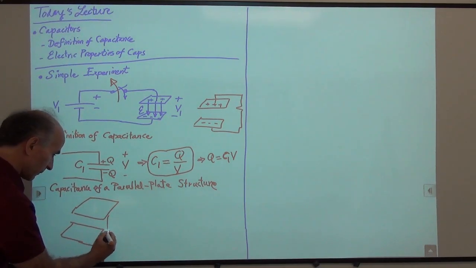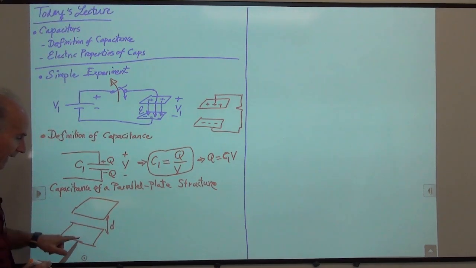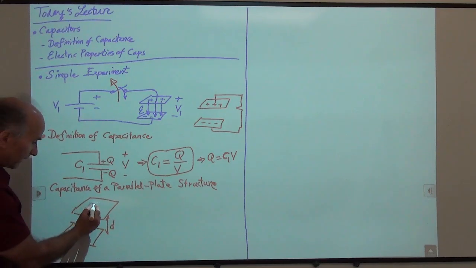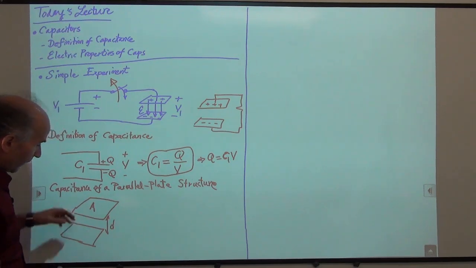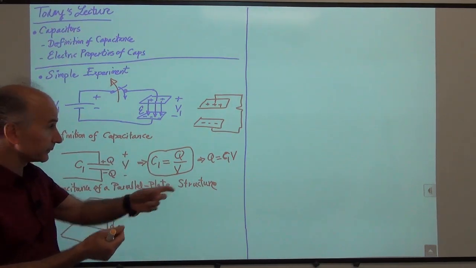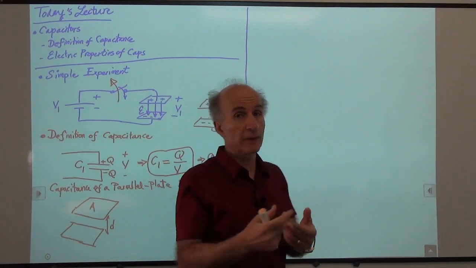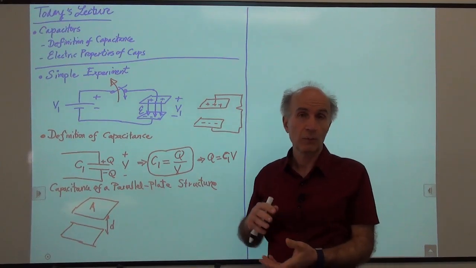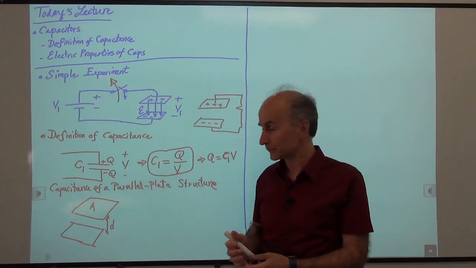Let's say the distance between the two plates is D, and then each of these has a certain area, let's call that A. And in general, the spacing between these two plates is filled with something. It could be vacuum, it could be air, or it could be something else. The reason we might fill it with something is that we want to get a larger amount of capacitance.